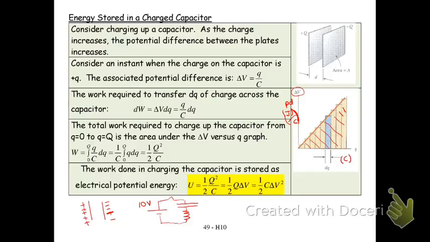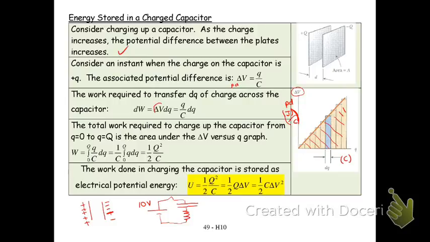That's the energy. So consider charging up a capacitor: as the charge increases, the potential difference between the plates increases. Consider an instant when the charge on the capacitor is Q. The associated potential difference, delta V, equals that charge over the capacitance, where this is the PD across the capacitor. Work is equal to joules per coulomb multiplied by coulombs: delta V times a little bit of charge dq, which equals Q over C dq.